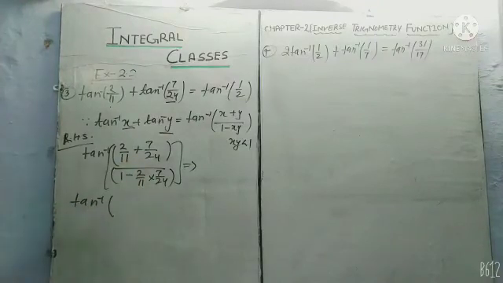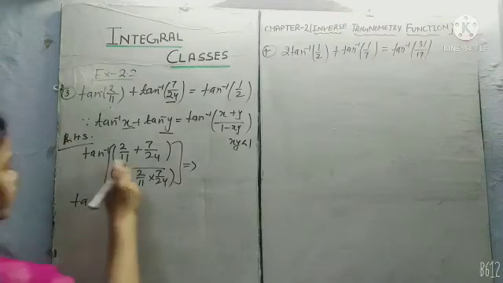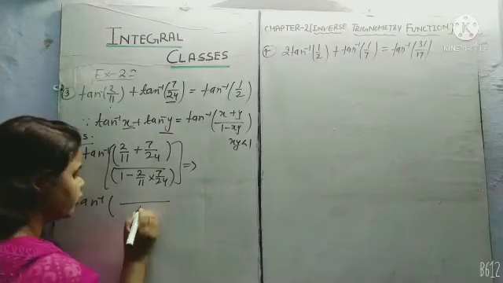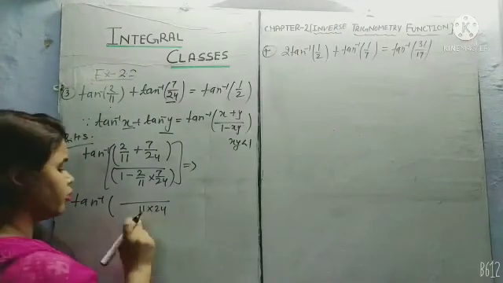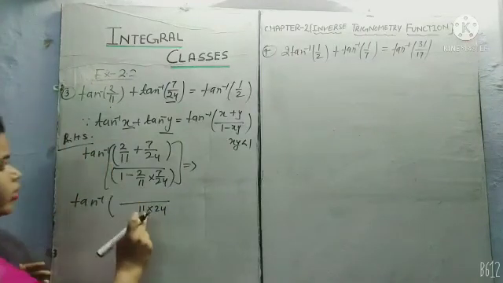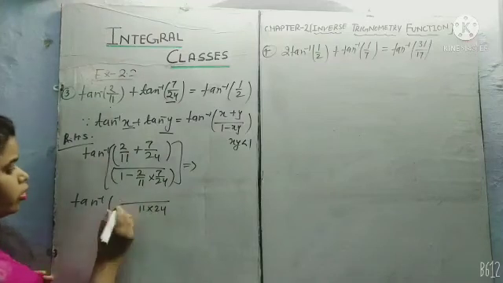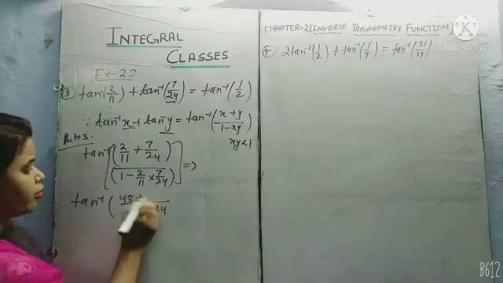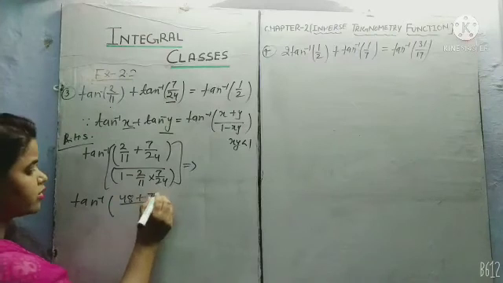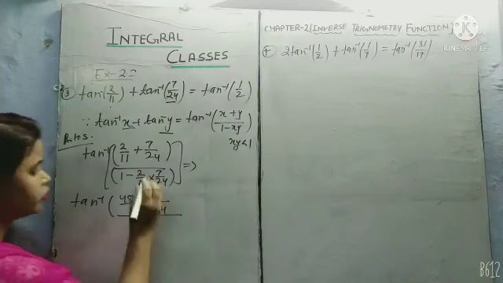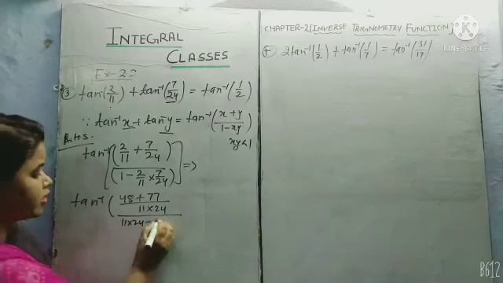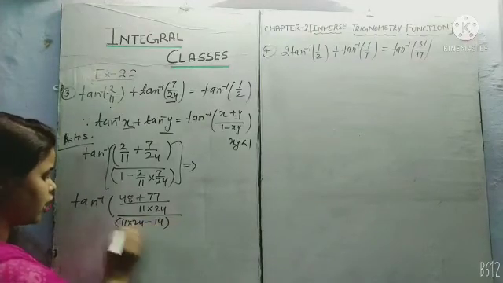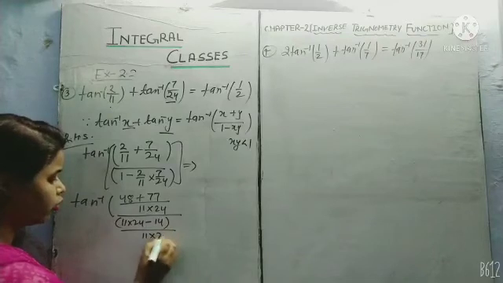Take LCM of 11 and 24. So we have to write directly because these denominators are cancelled by each other. So 24 into 2, 48, plus 11 into 7, 77, upon 11 into 24 minus 14, upon 11 into 24.